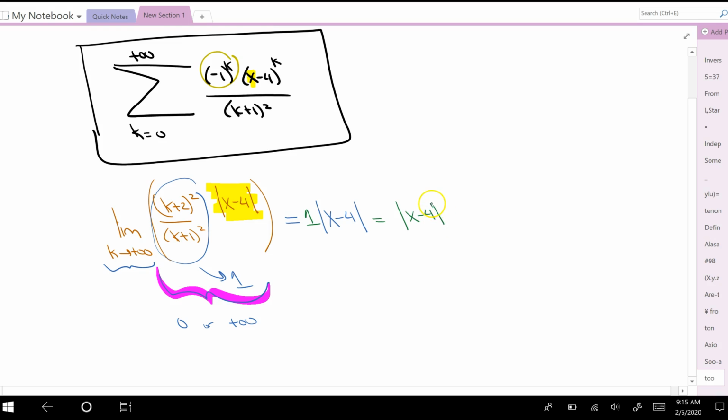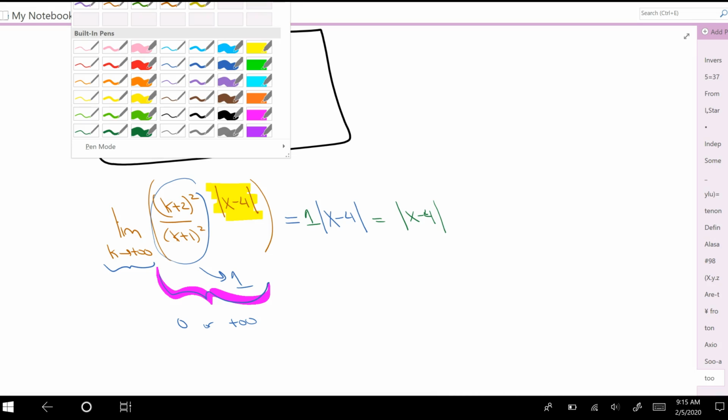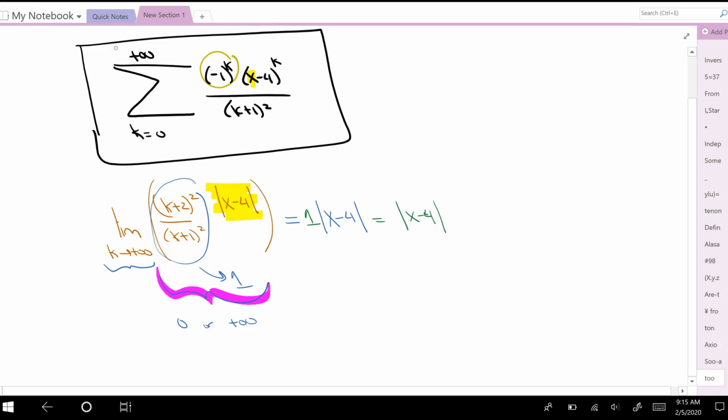This is where you're going to want to tend to very carefully. Now, we're going to say this. If the limit of the ratio of the absolute value of terms approaches the absolute value of x minus 4, what do we know about the ratio test for absolute convergence for the series to converge?